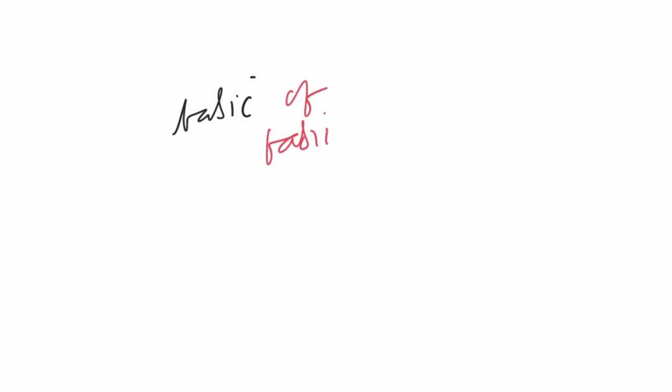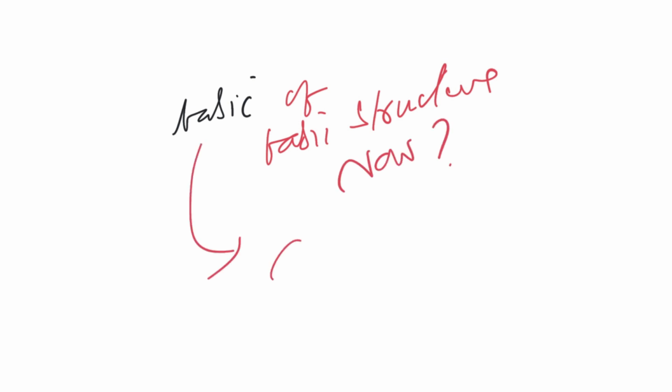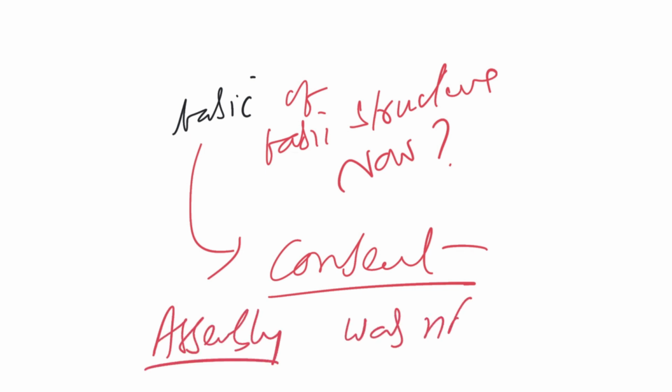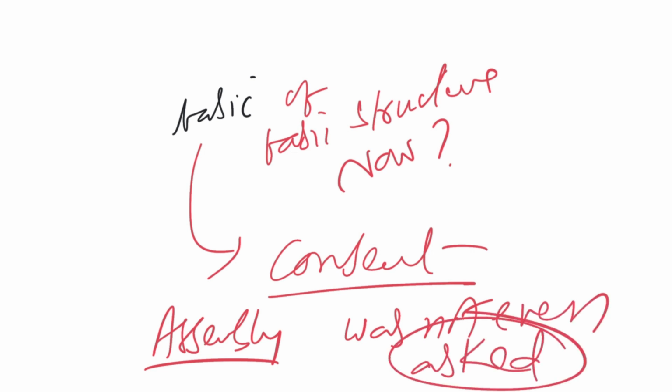Basic structure. Now, because basic structure is consent, and Jammu and Kashmir people or even assembly was not even asked of its opinion. Not that it is vetoed, that was not even asked. So court did not have to look at all these clauses.